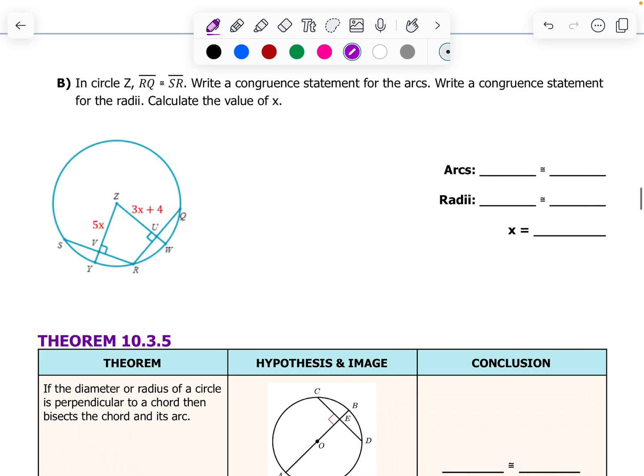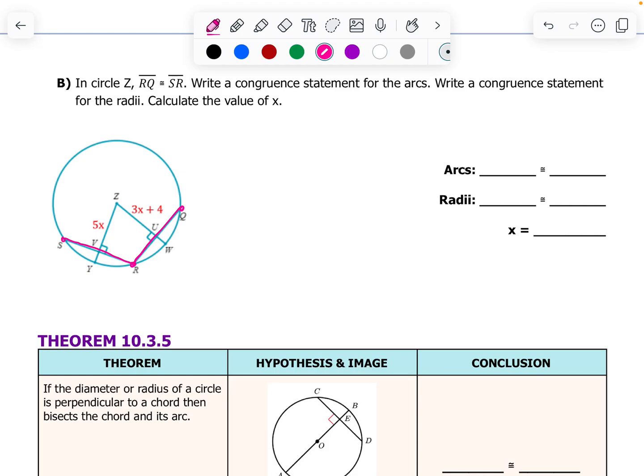In our next example, it says in circle Z, RQ is congruent to SR, so the segments themselves. So let's find those. RQ is congruent to SR. Okay, so we have two chords that are congruent. We need to write a congruent statement for the arcs, write a congruent statement for the radii, and then calculate x.